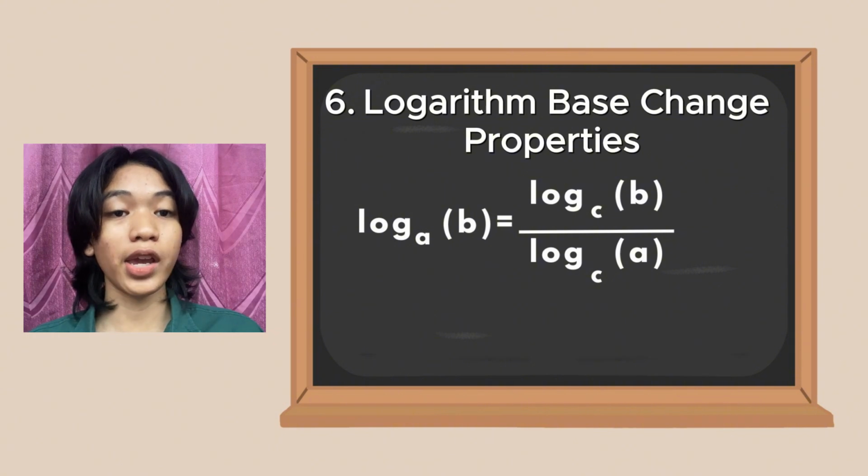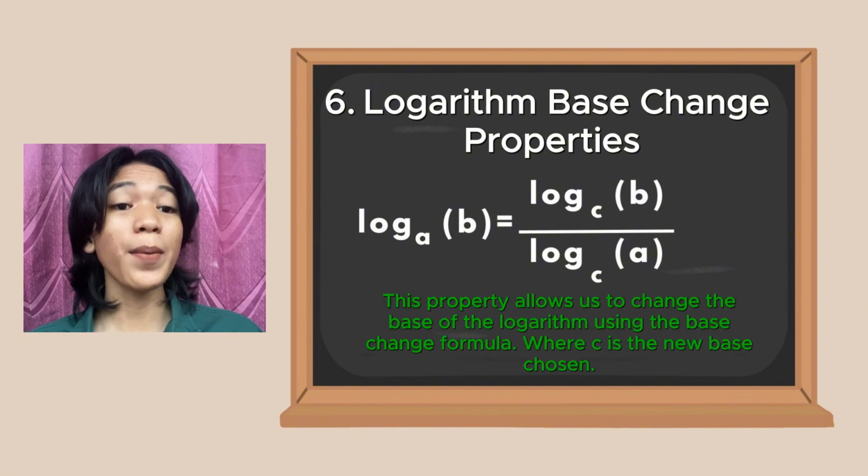6. Logarithm base change properties. Log base a of b equals log base c of b over log base c of a. This property allows us to change the base of the logarithm using the base change formula, where c is the new base chosen.